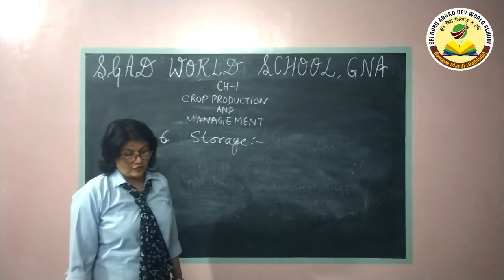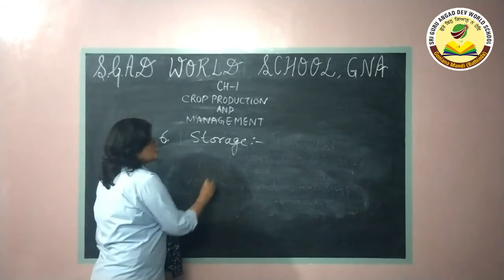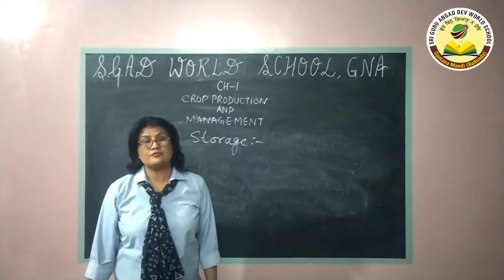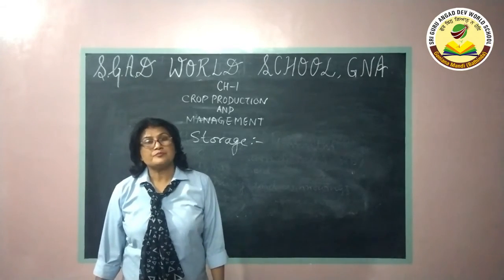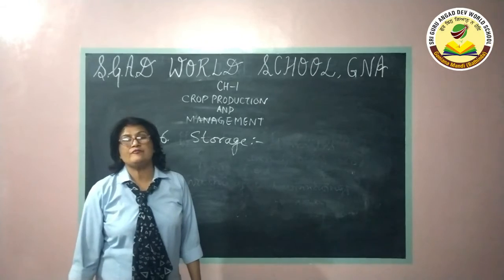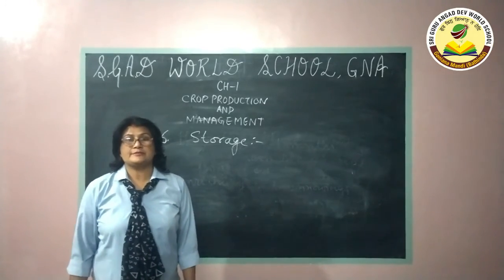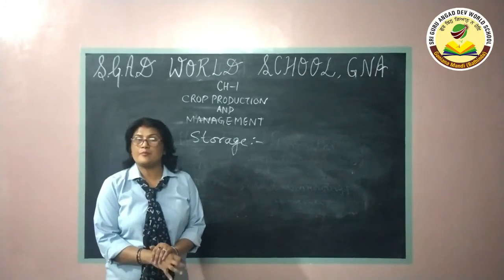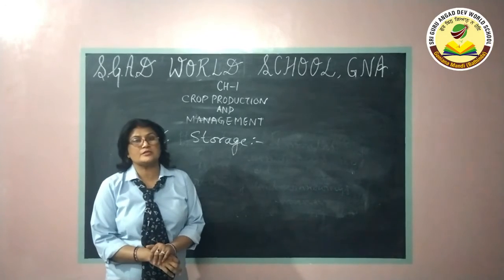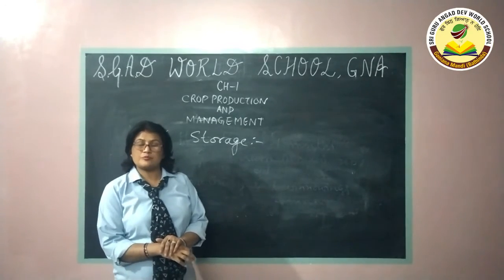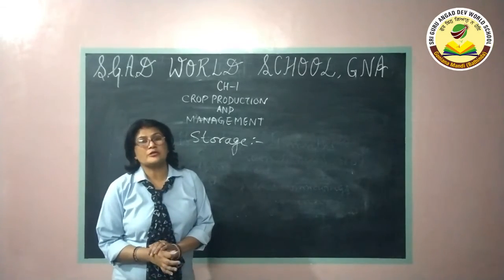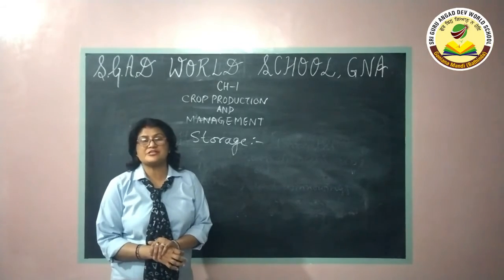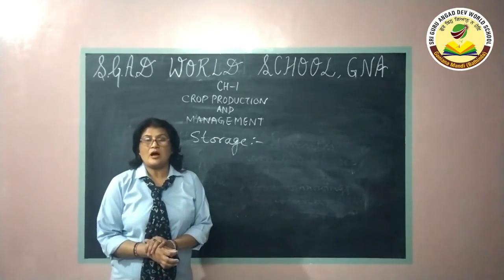For this, we require many storage areas, and to store the grains we should follow some precautions to avoid wastage of the food grains. If freshly harvested grains are not dried properly, they will spoil or decay fast, or if they are not properly stored, then rats and other insects will feed upon them, and it will be a sheer wastage of our hard work.